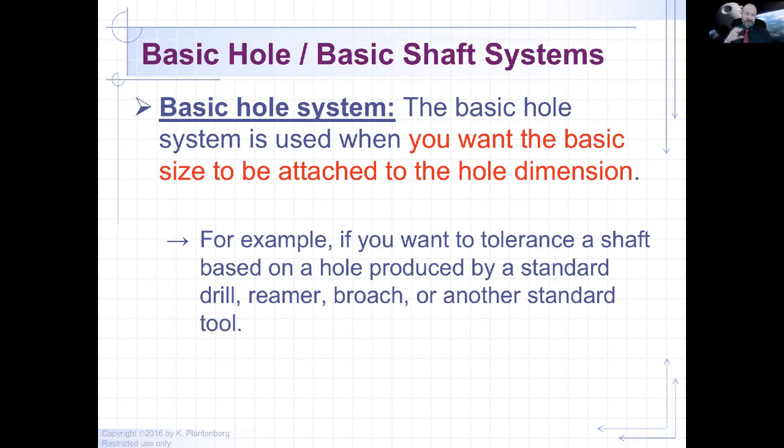So I'm going to produce a hole because I've got a certain tool that'll make that hole a certain size, and then I want to buy a shaft from McMaster-Carr or someplace online that'll fit that. So I'm going to use a basic hole system because my drill or my reamer or my broach is going to define that hole. And then I want something to fit to that.